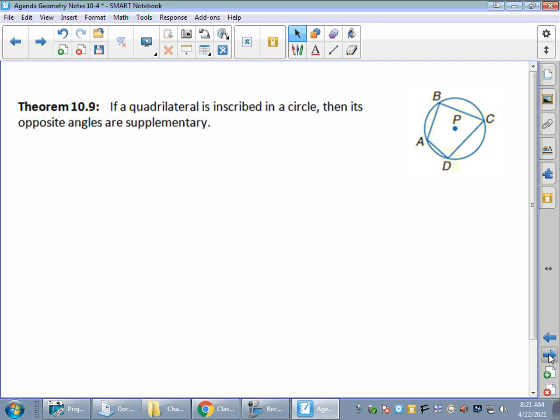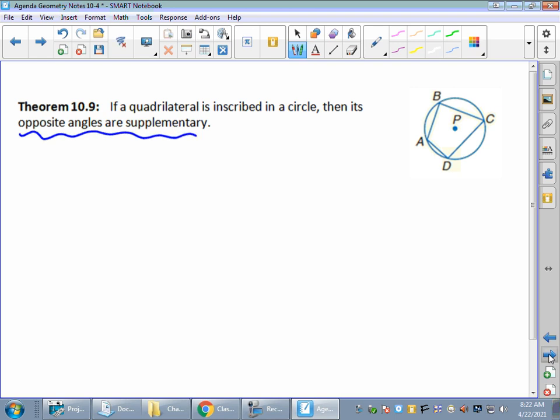And another theorem, 10.9, please don't memorize it, just know this. If a quadrilateral is inscribed in a circle, remember inscribed means inside. So I've got that ABCD quadrilateral, it's just a four-sided figure inside my circle, all of the endpoints, A, B, C, and D, are on the circle. Then the opposite angles are supplementary.